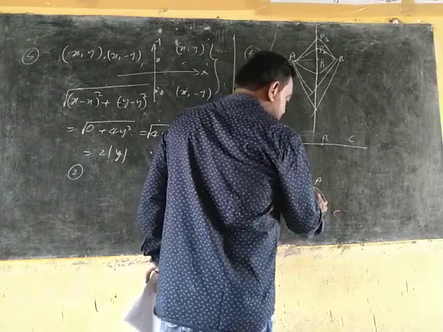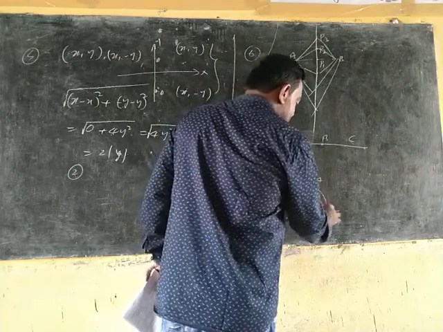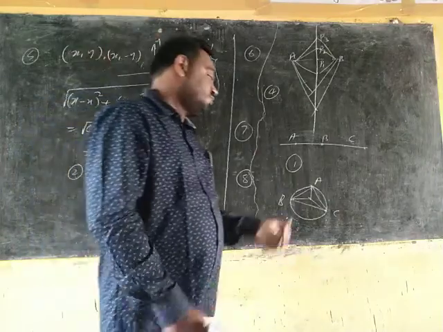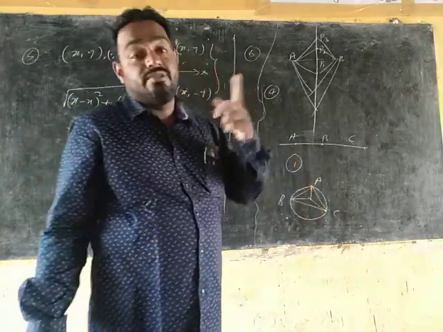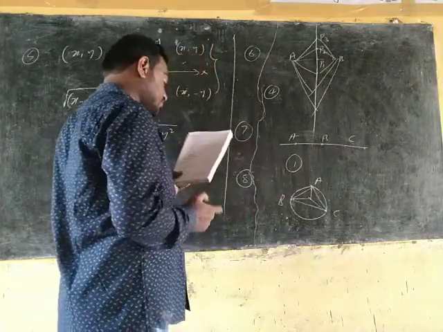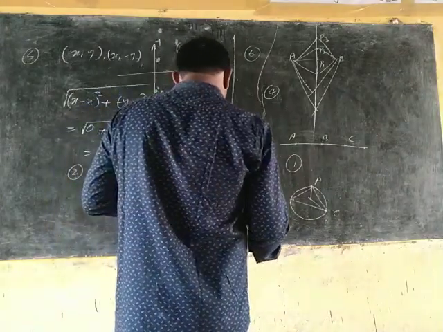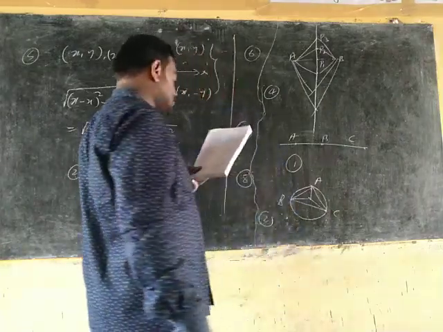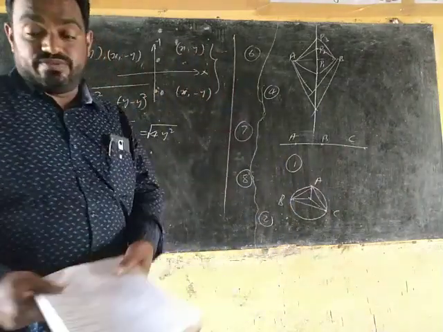So the circumcenter is at equal distance from all the vertices of the triangle. How many points exist? Only one, that is the circumcenter of the triangle. So only 1 point. Which is the right answer? Option 2 is the right answer for this question. Next, 9th question.